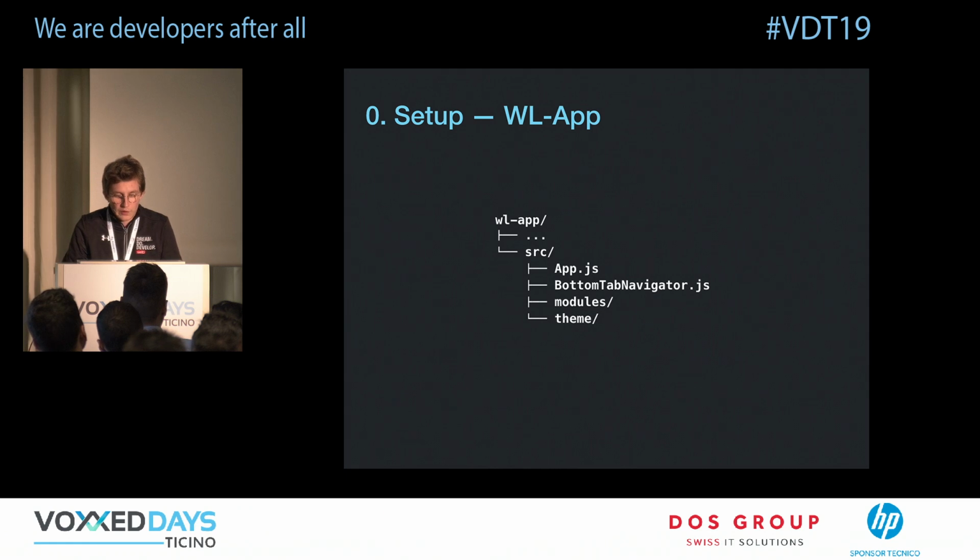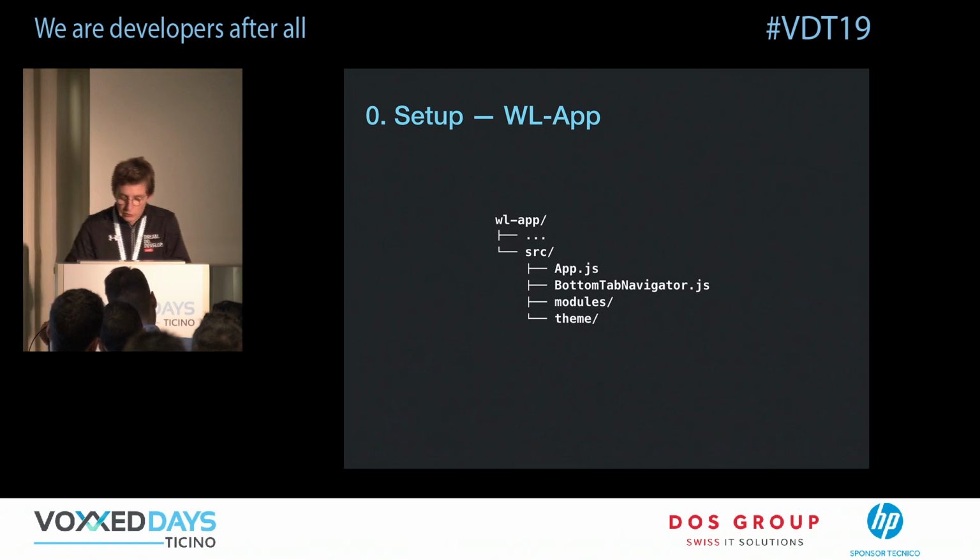It also contains a bottom tab navigator component, which will be used to instantiate the bottom tab we saw in the example, and it will handle the navigation for us. Then we have the modules directory, where we are going to define events, museum, and so on, and the themes. We're going to specify the two themes we're going to use, light and dark. We are going to see all of this in a minute. It will all come together.